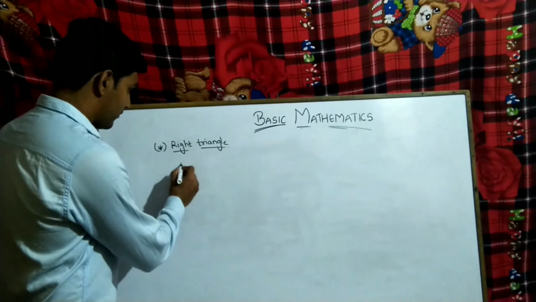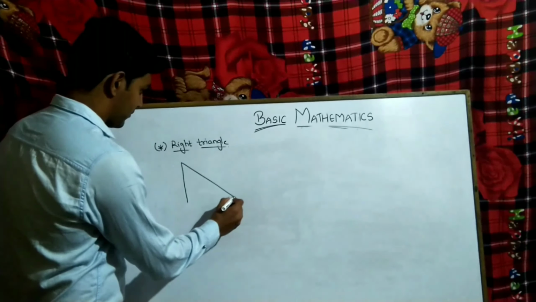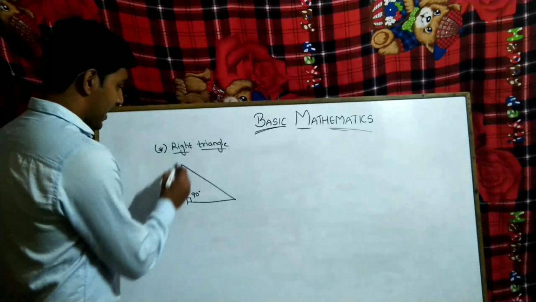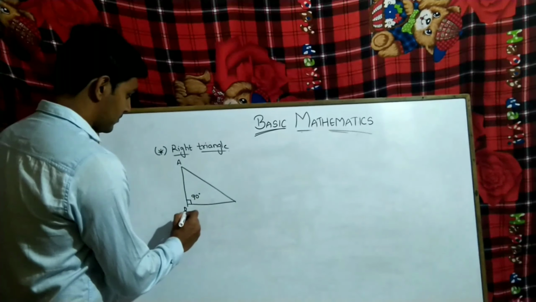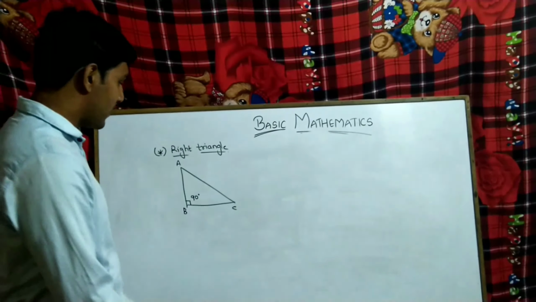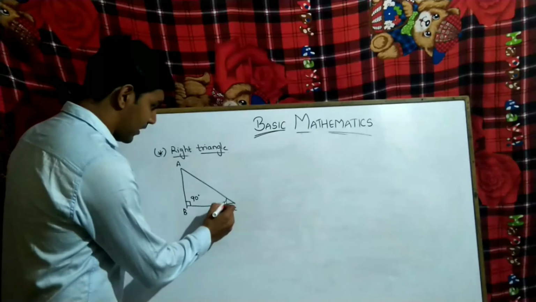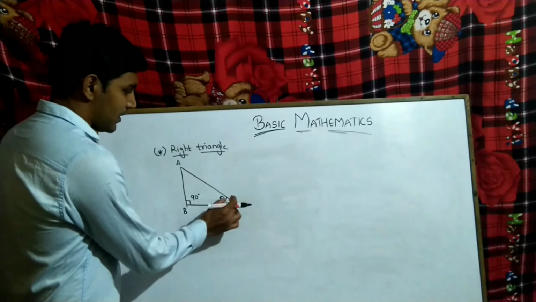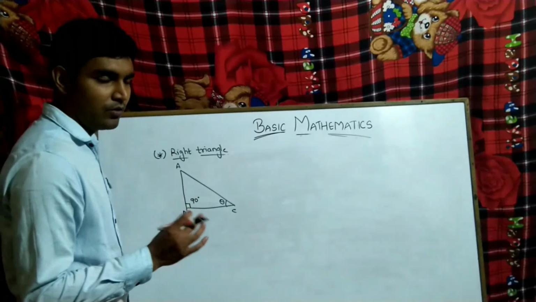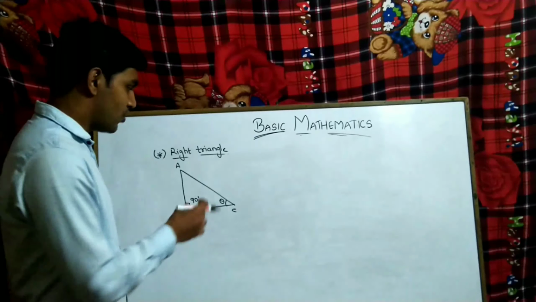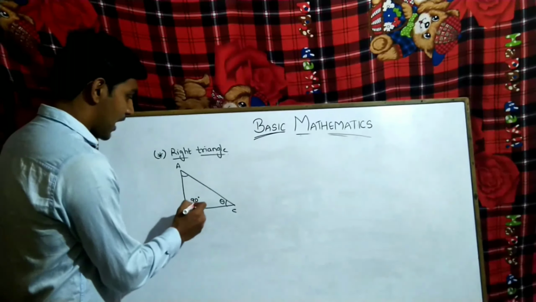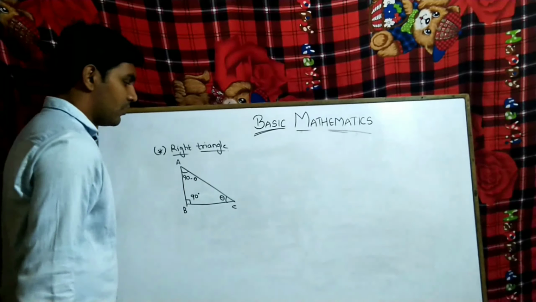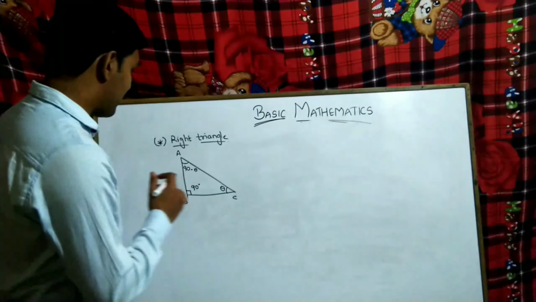So I will draw one angle of 90 degrees, and let's label this A, B, C. For example, I will say this angle C has a value theta, where theta means any angle. So automatically this becomes 90 minus theta.